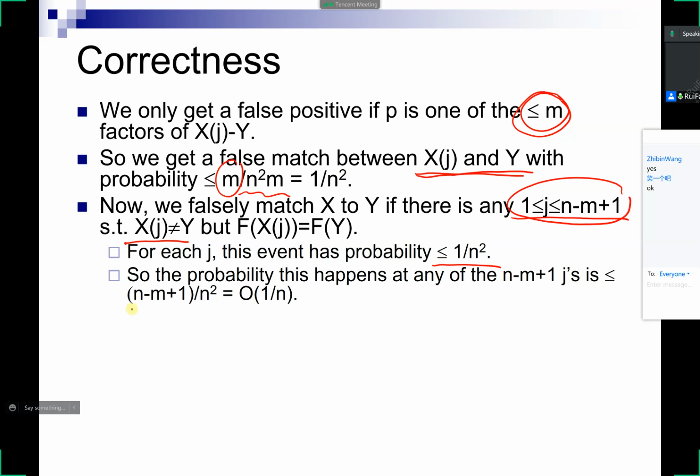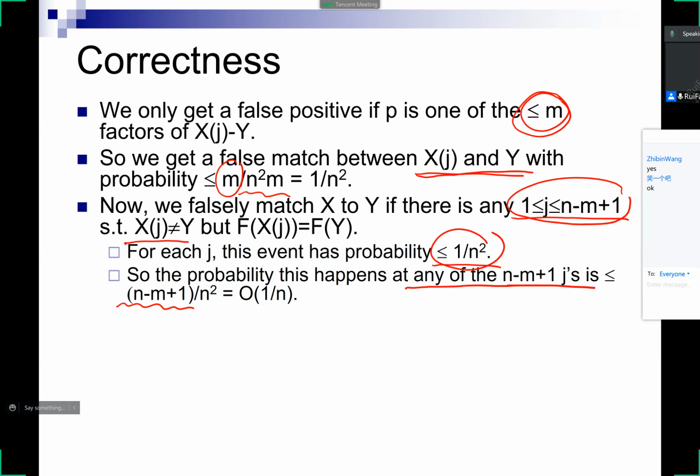And now this probability is going to be, we're going to look at how many j's we have, okay, times the probability that each one of them is a false positive, right? And so this product is going to be an upper bound on the probability that any of these j's is a false positive. Okay, so this is called the union bound.